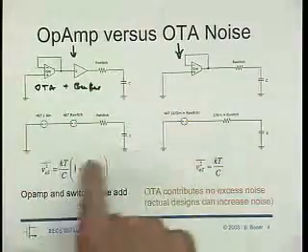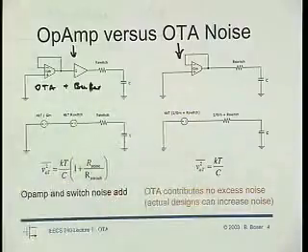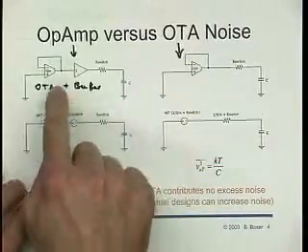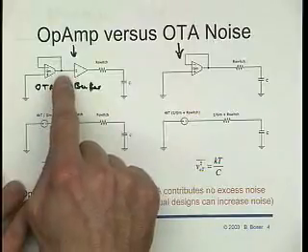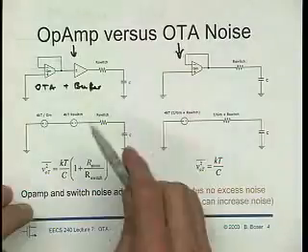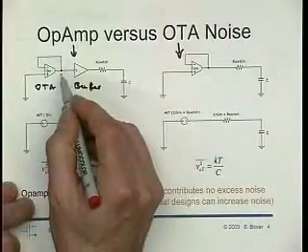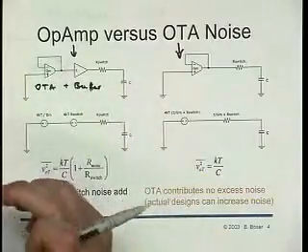I also made a model of an operational amplifier and analyzed its noise. Then I got some input from some of you that this is a little bit too simplified a picture. It's not always quite adequate for an operational amplifier, because generally the bandwidth of an operational amplifier is not given by the load capacitance, but by a capacitance hanging at this node or by a compensation capacitor inside.